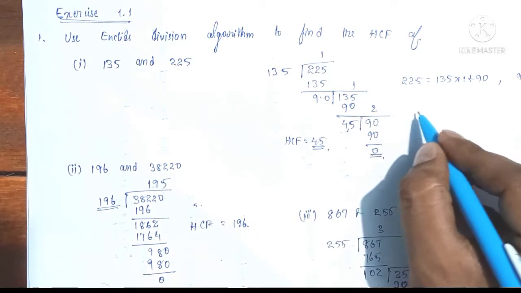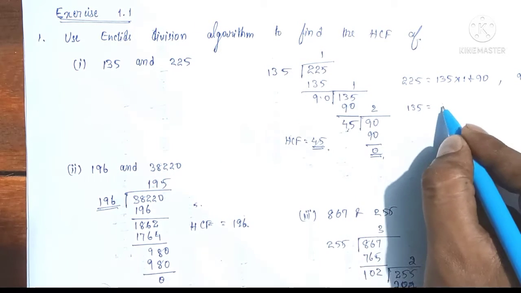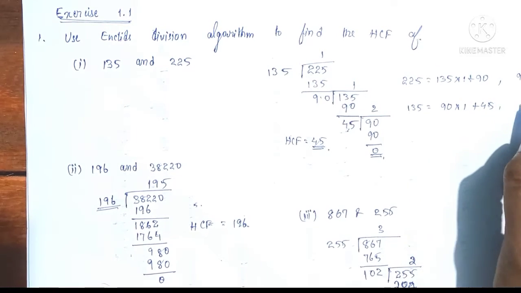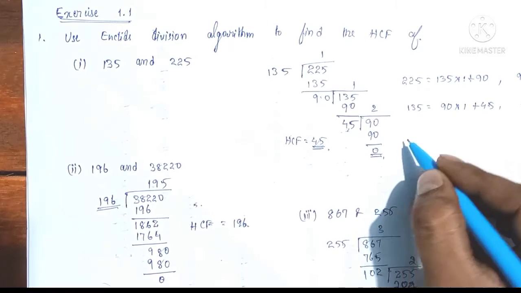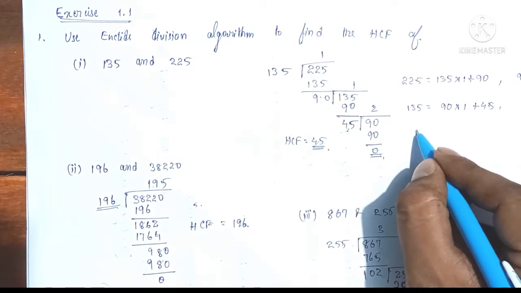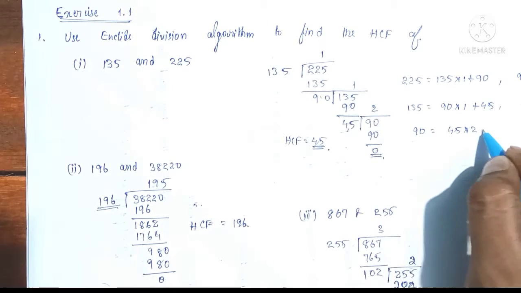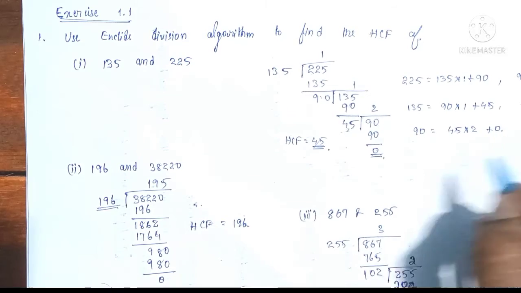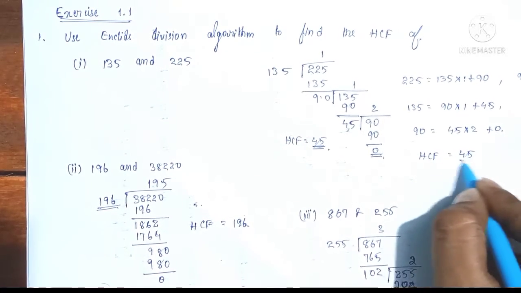So here what we can write, 135 is equal to 90 into 1 plus 45, but remainder is not equal to 0. Here what we can write, 90 is equal to 45 into 2 plus 0, so 0 is the remainder here. So the HCF is 45.